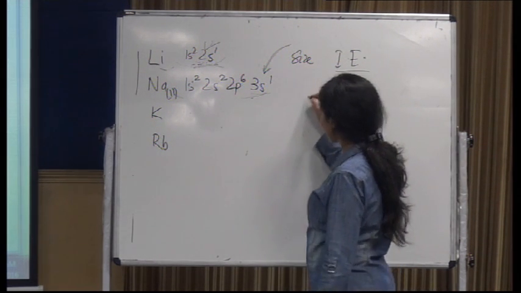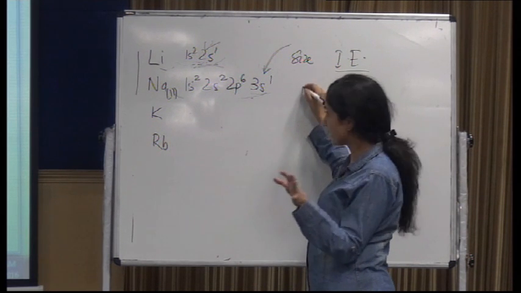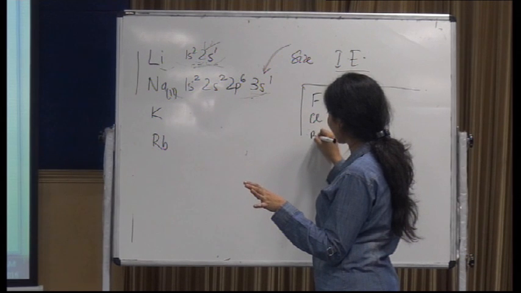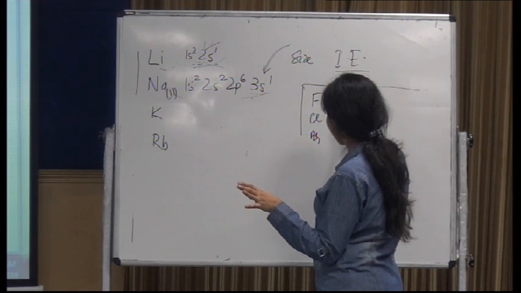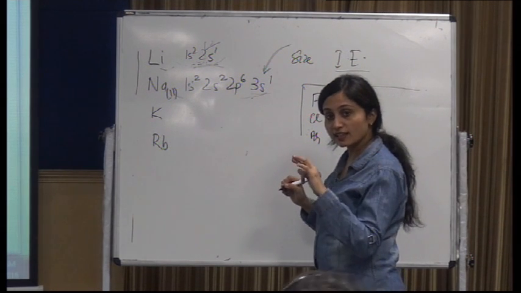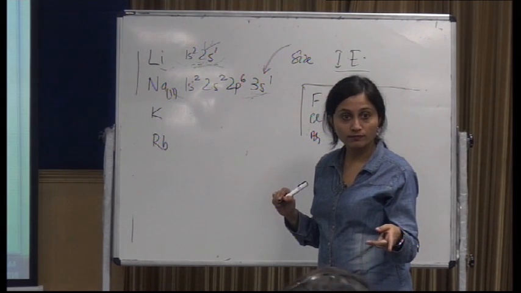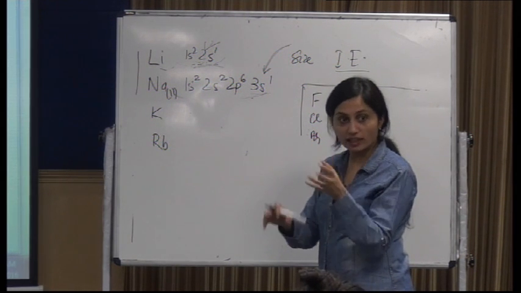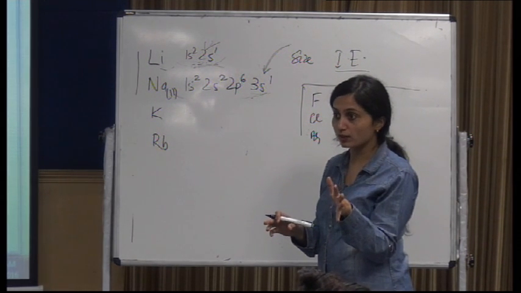Another thing is, अब अगर मैं सीधा एक halogens की बात करती हूँ, fluorine, chlorine, bromine, iodine. What is the configuration? Np5. So is it easier to add an electron to them? Because they will attain full complete outermost shell configuration.